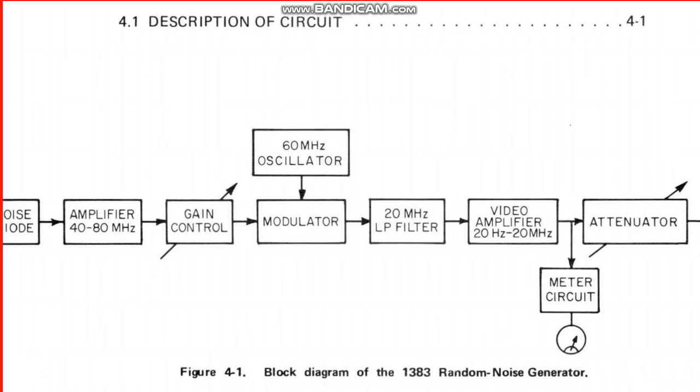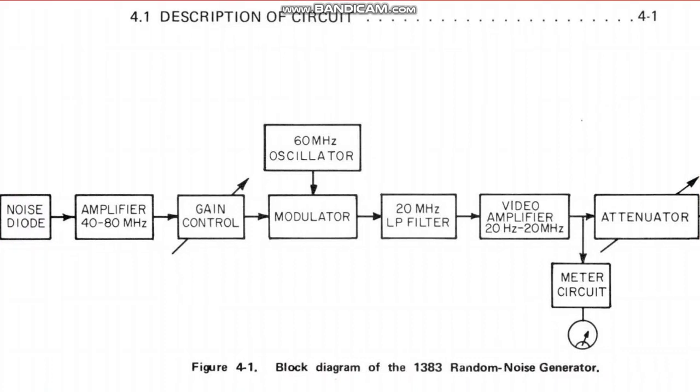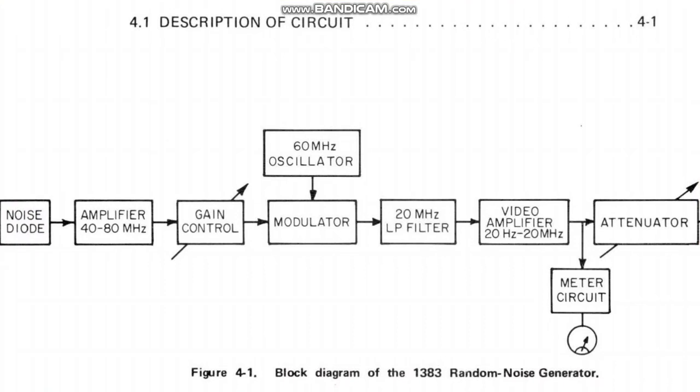We've got a noise diode going into an amplifier between 40 Hz and 80 megahertz, gain control, modulator with a 60 megahertz oscillator input, coming out into a low pass filter, 20 megahertz, into a video amplifier, 20 Hz to 20 megahertz.